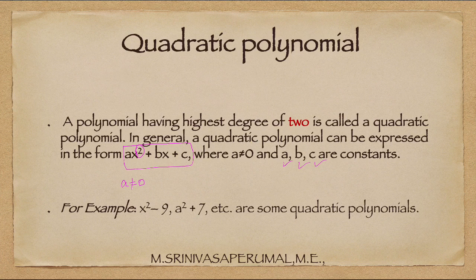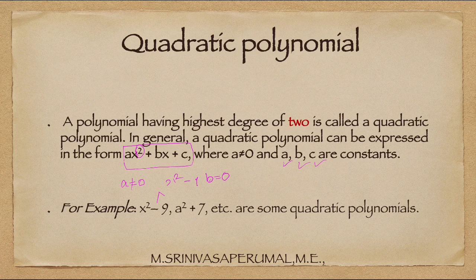For example, x square minus 9. Compare to the general form, x square minus 9. So the value of a is equal to 1, and there is no x term, so b is equal to 0.